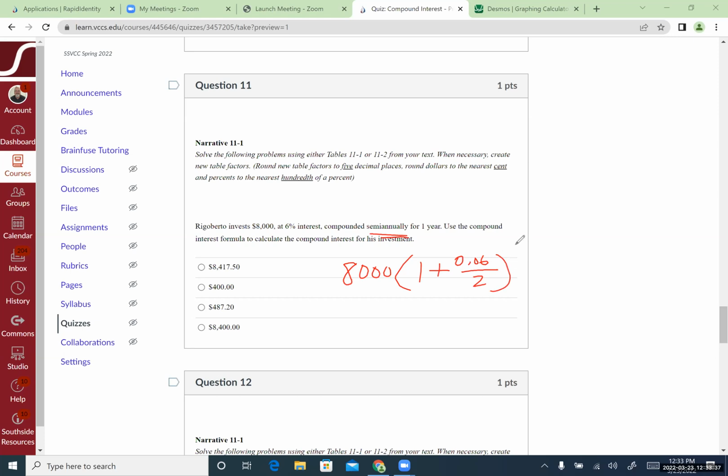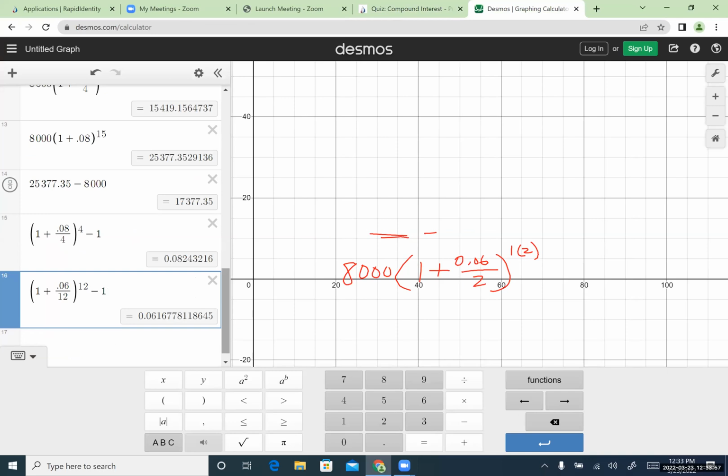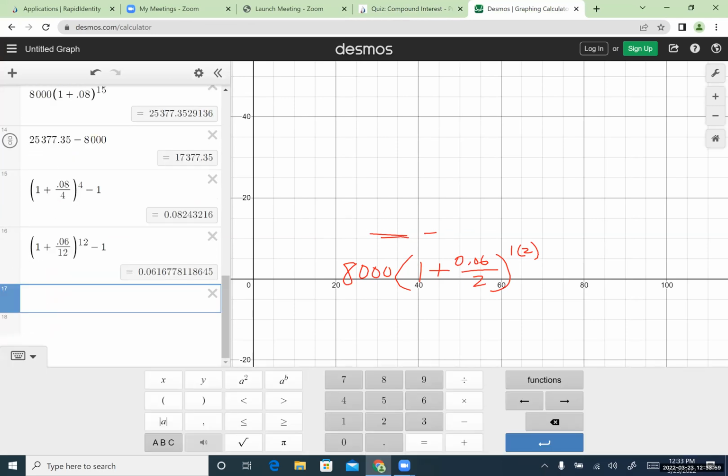And then we raise that to the 1 year times twice a year. So that should do it. And calculate the compound interest for this investment. So that'll just be the interest is what they want. They don't want the final amount.